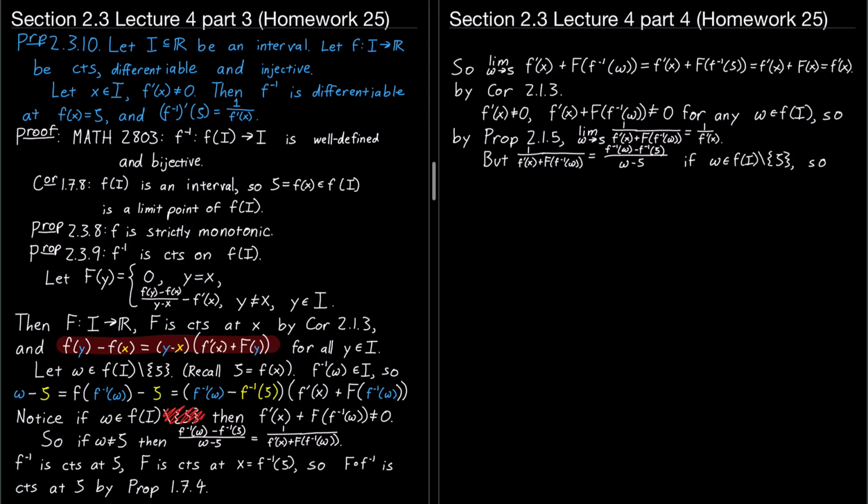So we've got that the limit as omega approaches zeta is just the limit we saw before, and it exists.